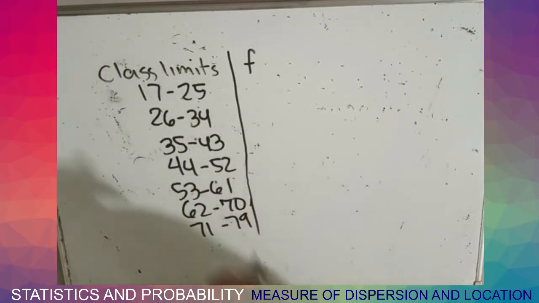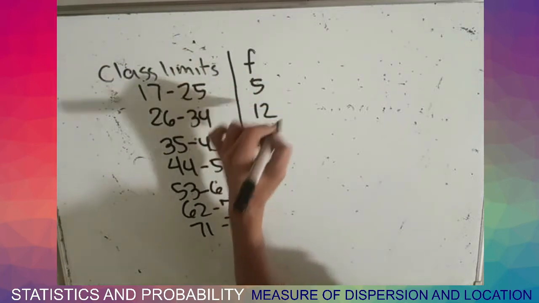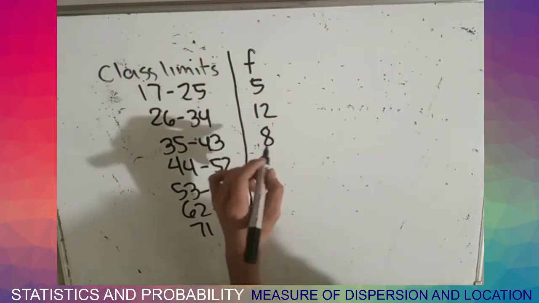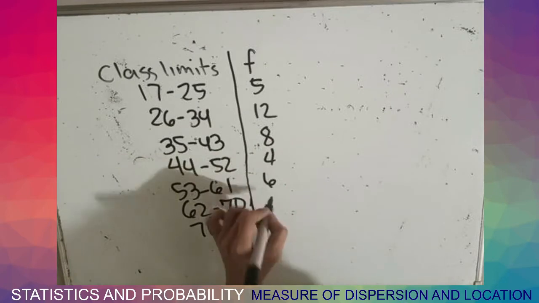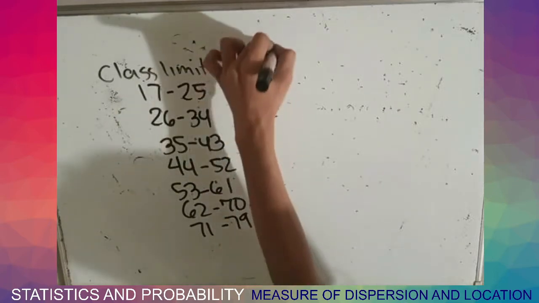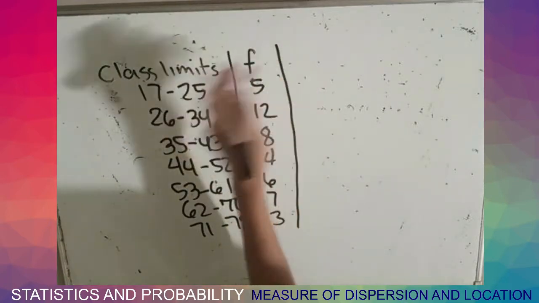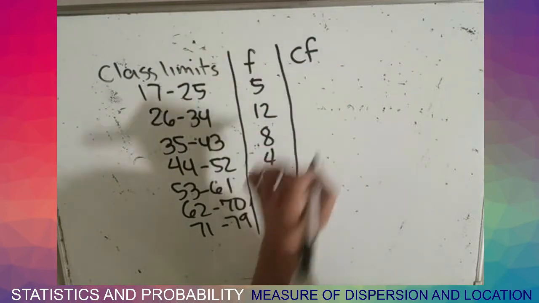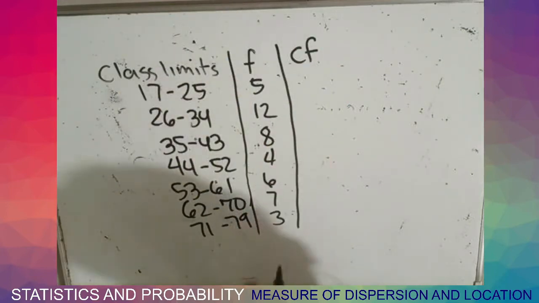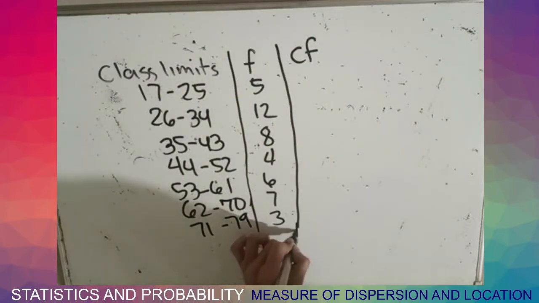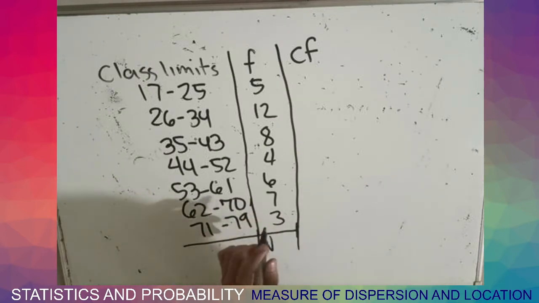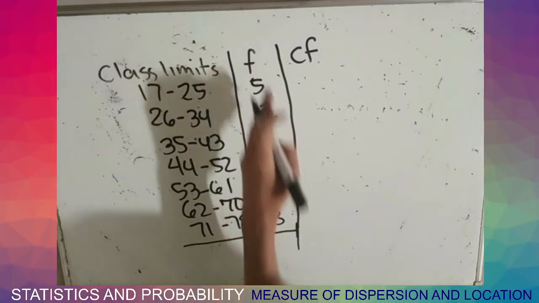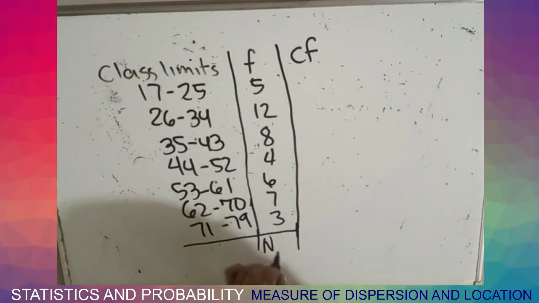Then, meron tayong frequency which is 5, 12, 8, 4, 6, 7, 3. Then, yung pangatlong column natin is yung CF or cumulative frequency. Yung N natin is the total of the frequency natin. Pag pina-plus-plus natin ito, it will be 45.